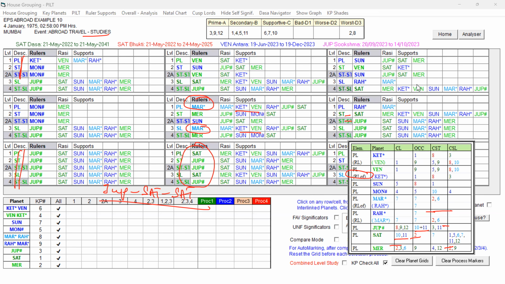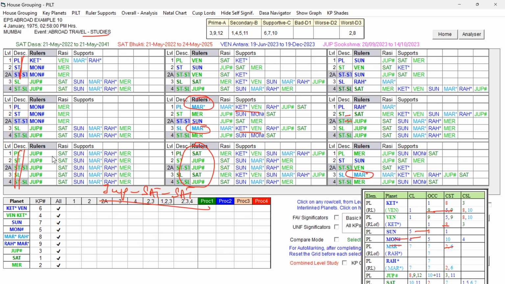At the time he traveled abroad for the job, he was running Jupiter Dasa, Saturn Bhukti, which initiated his travel abroad to join the job. Then after that, you can see Jupiter is very favorable, and every planet is favorably connecting to Jupiter and Saturn. So it was very much supportive for him to stay there for the job.